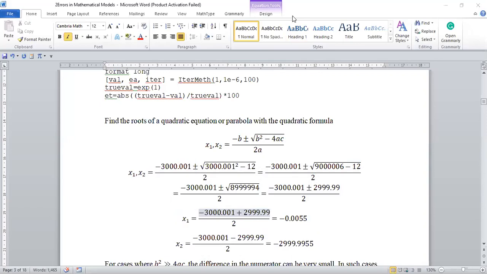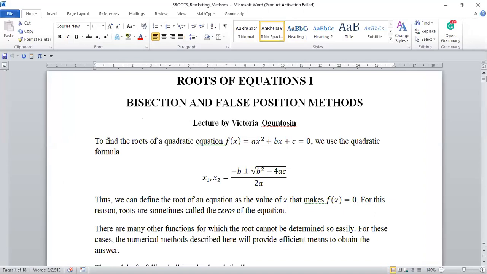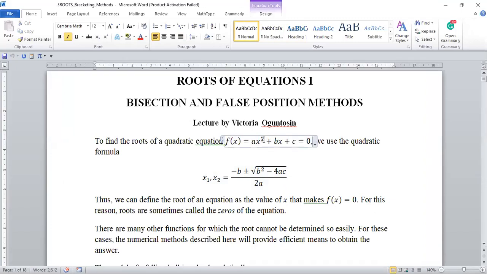So let's move on to this lecture. We're going to be dealing with the roots of equations. In the last class, we did the roots of a quadratic equation, and we know that given an expression of this format, the root is given by this representation.